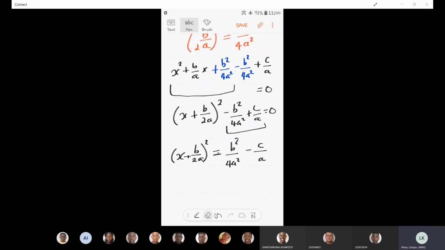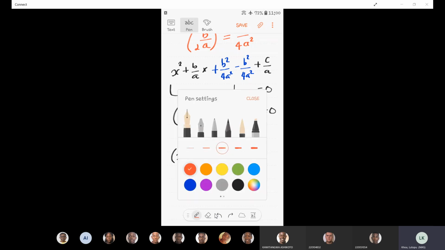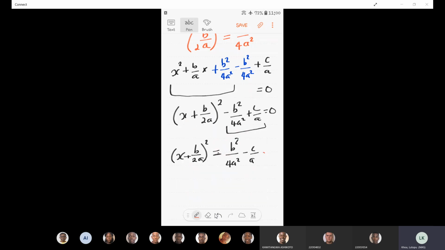So let me just rewrite this so I have some space. So this is minus c over a. Okay, so I said I'm going to multiply this one by 4a over 4a. Then the denominator of c over a will then become 4a squared.